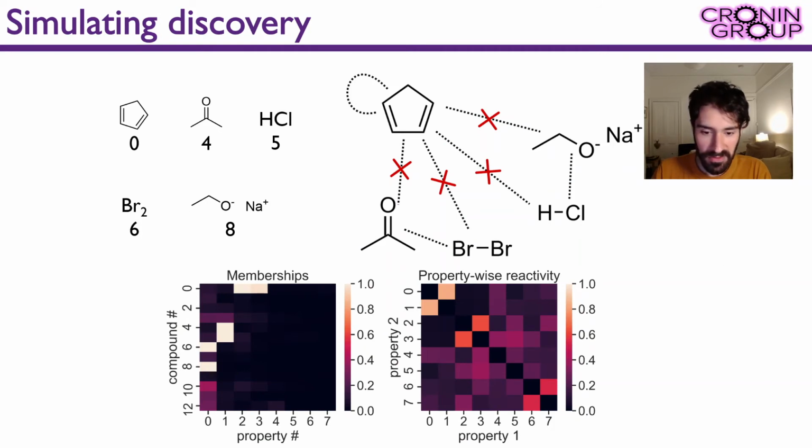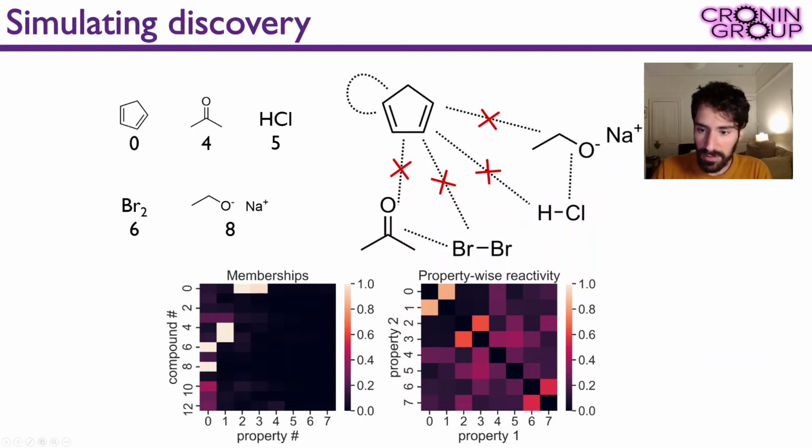So here we see a little test of this kind of model where we're trying to discover a Diels-Alder reaction. This is a reaction where a compound with two double bonds, so these double bonds in this cyclic compound, reacts with another compound that also has a double bond, the carbon-carbon double bond.